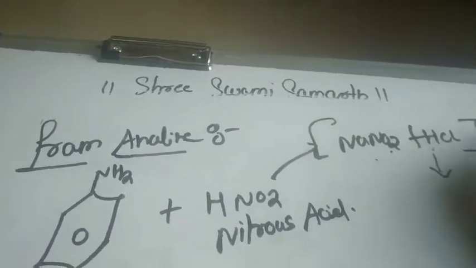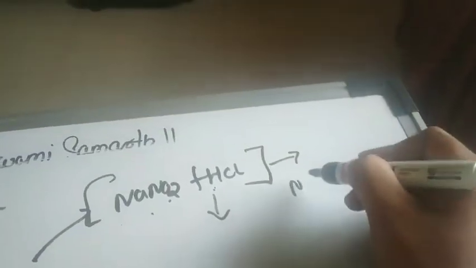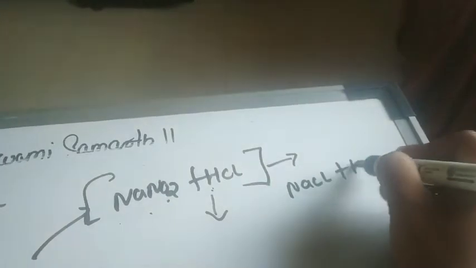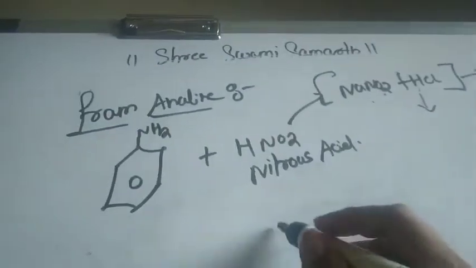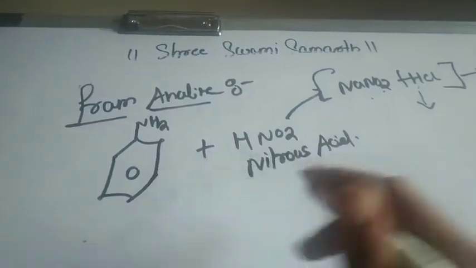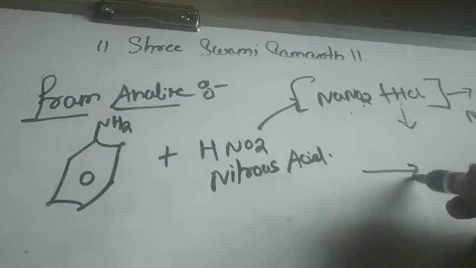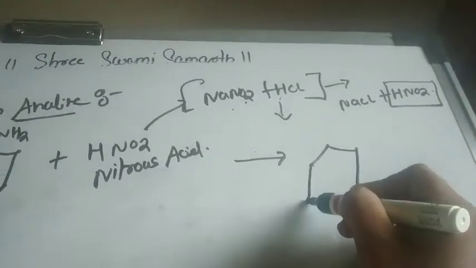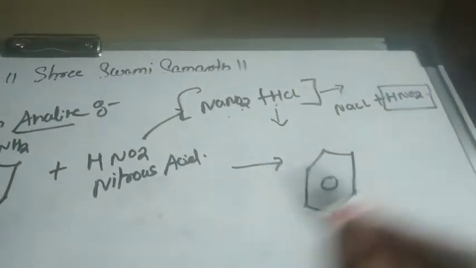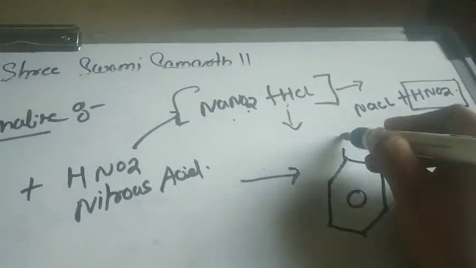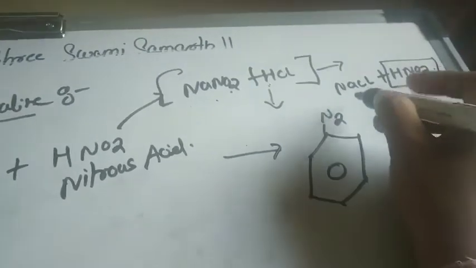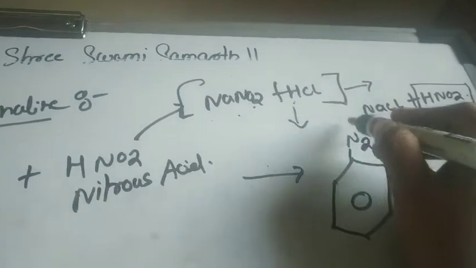ऐसा रिएक्शन होगा ये. See, NaCl plus HNO2 ये रिएक्शन से, right. So what is important is HNO2, that is the nitrous acid. So this will react and it will first get converted into benzene diazonium chloride. ये बहुत फेमस है benzene diazonium chloride.